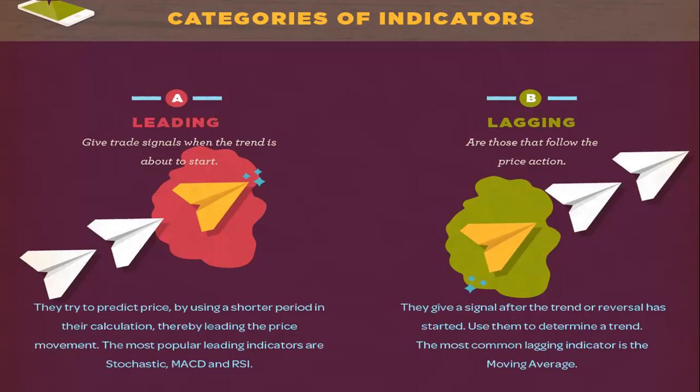It's called lagging because it gives signals after the trend or reversal has started, and the leading indicators give signals when a trend is about to start.